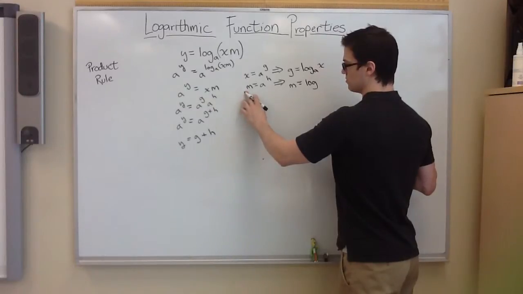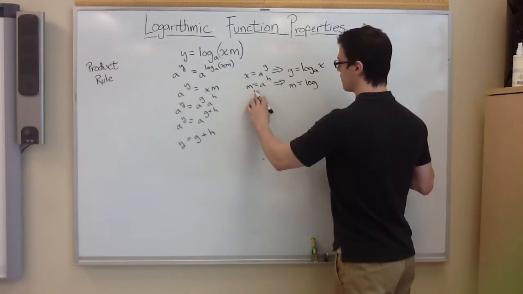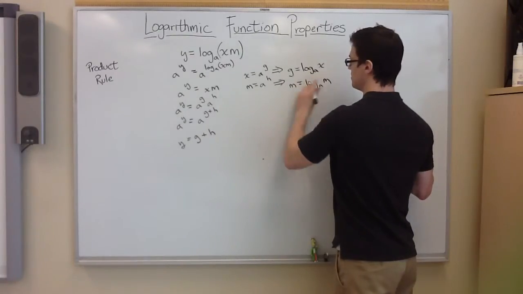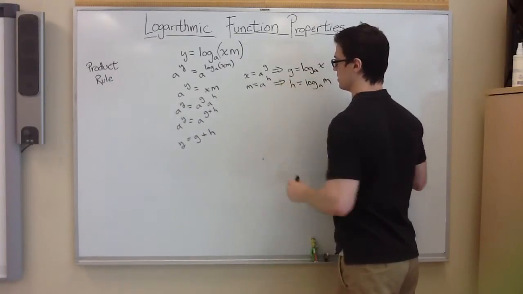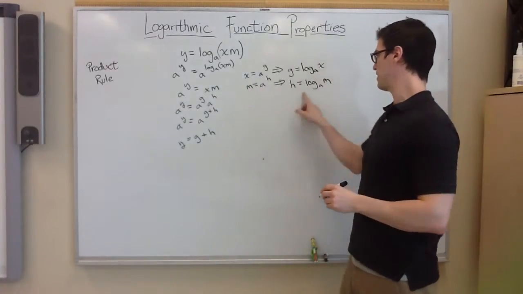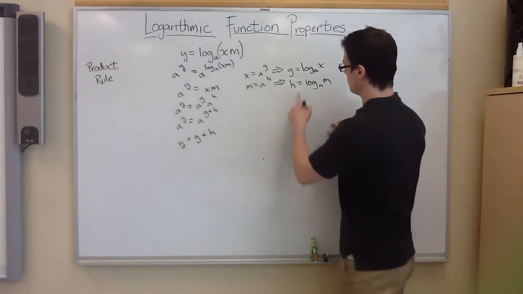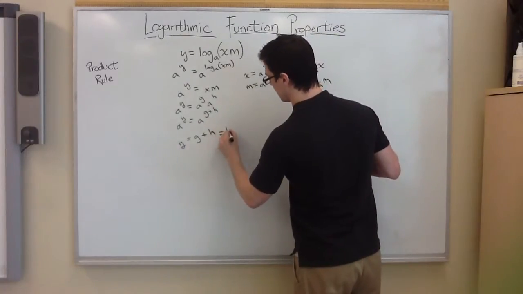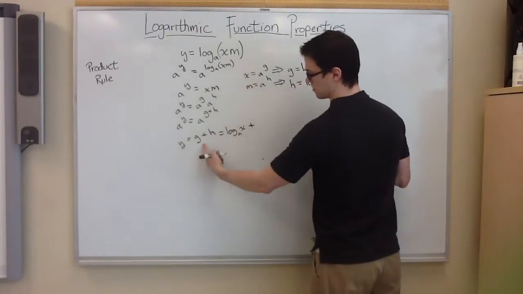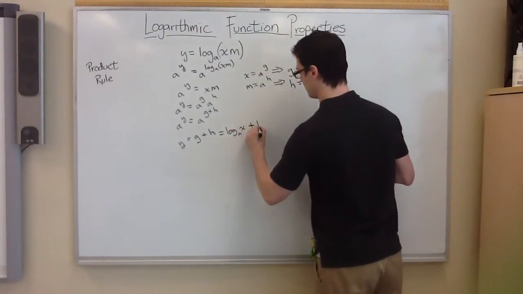So h is equal to log base a of m. I was confusing myself there, that should be an h. Take the log base a of both sides, you get h, and then log base a of m. So I'm going to substitute this in: g is equal to log base a of x, plus h is the log base a of m.